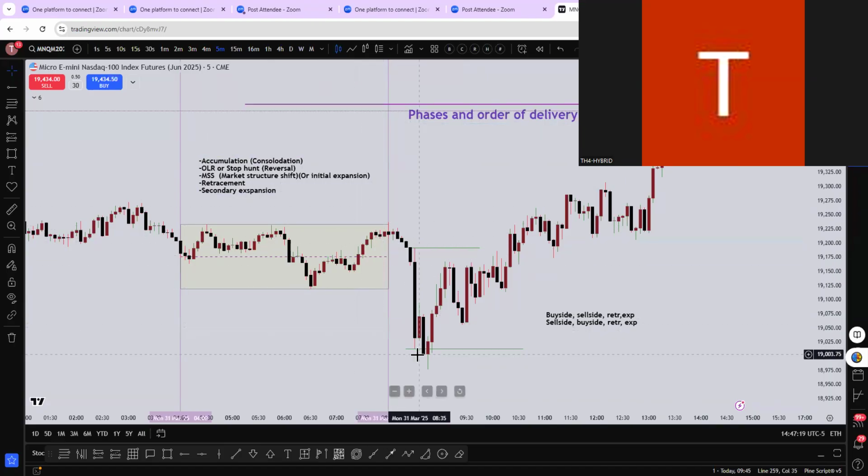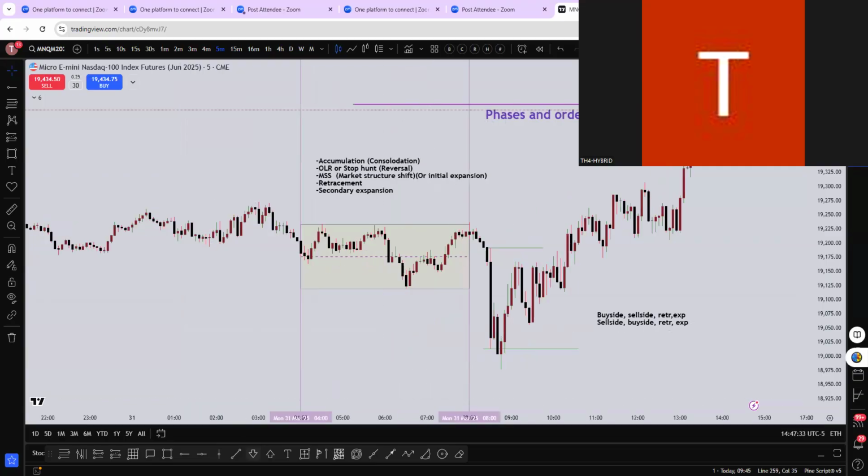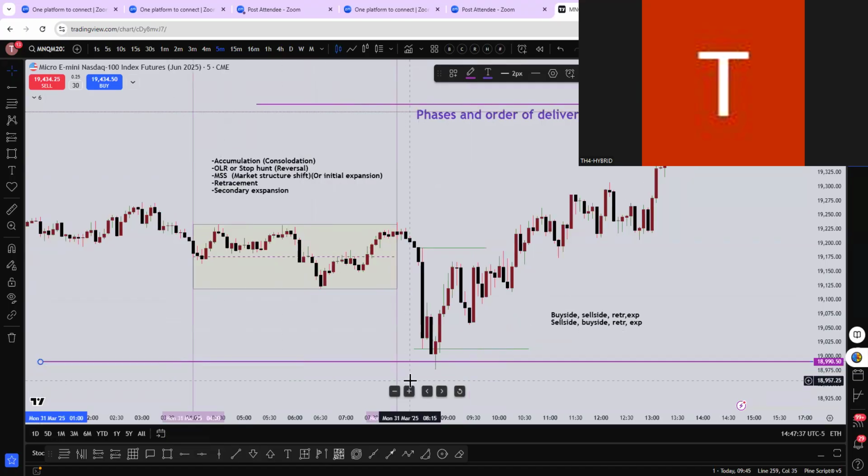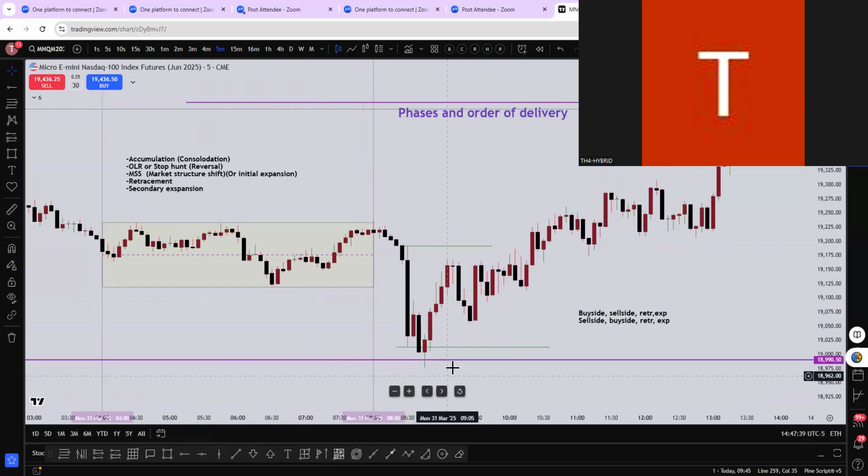But the OLR, or the manipulation leg, any way you want to call it, this is the second phase in the order of delivery. When we run into most likely a higher time frame key level or a higher time frame liquidity pool, that's where reversals can happen.